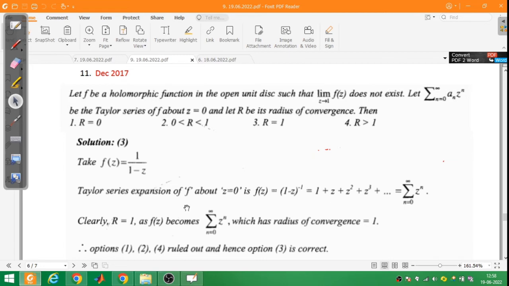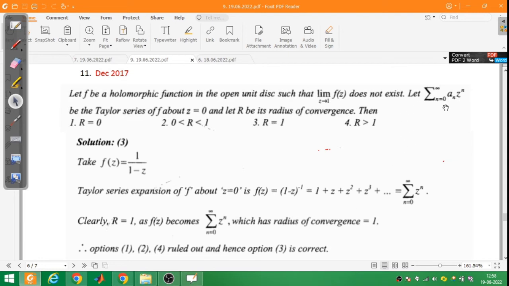After that I have to find the Taylor series of the function about z = 0. I have f(z) = 1 + z + z^2 + z^3 and so on, which is simply written as the sum over n from 0 to infinity of z^n. Now, finding the radius of convergence of the series, here a_n = 1. So if a_n = 1, clearly we know the radius of convergence is also 1.